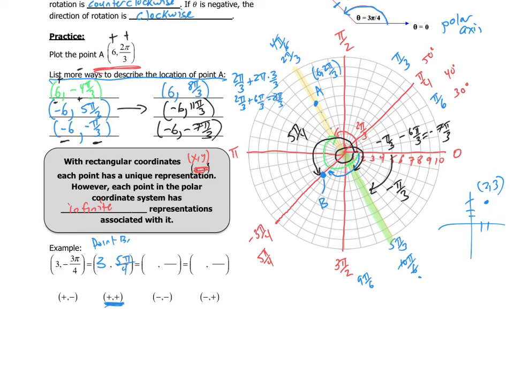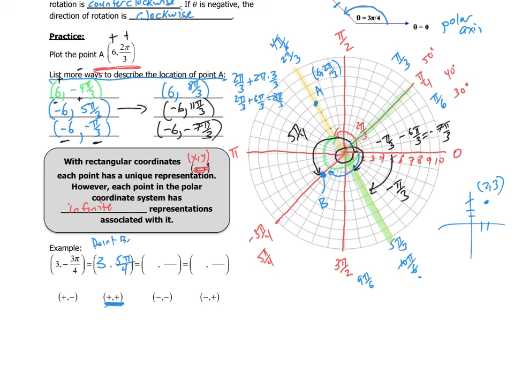Let's name it with a negative r and a positive theta. So if we're going to be at a negative r, that means we need to rotate 180 degrees or pi from where we are, which will put us up on the ray at pi/4, which I drew earlier. So let me show you that. So we're going to be up here on this ray now.